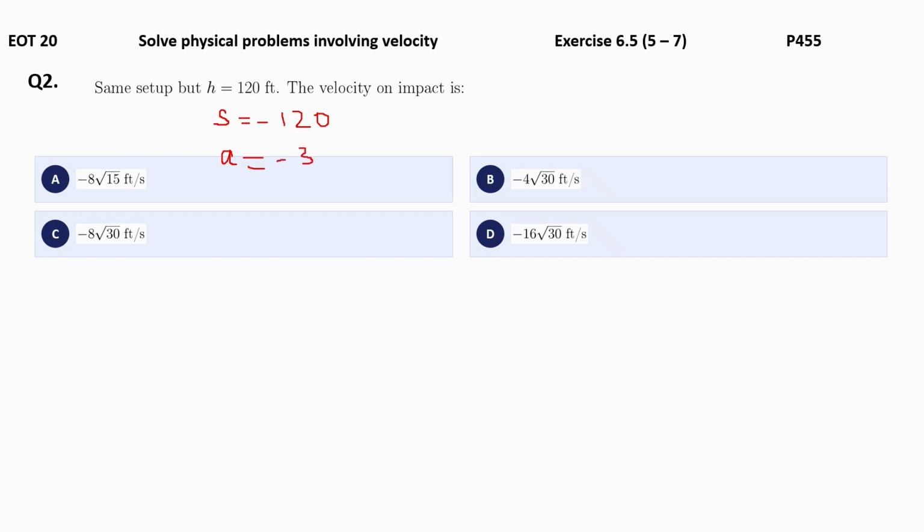And you are asked to find the velocity on impact, which will be negative root 2as. When you substitute, you will receive negative 16 root 30, that is option D.